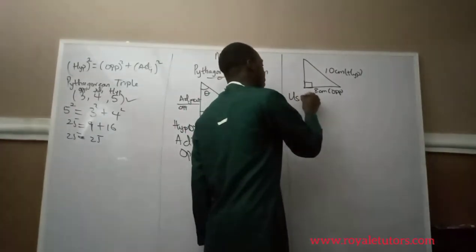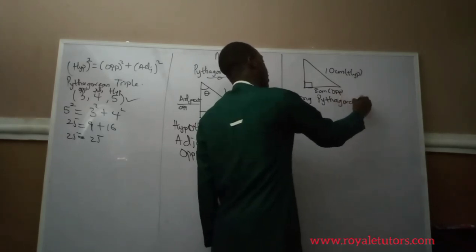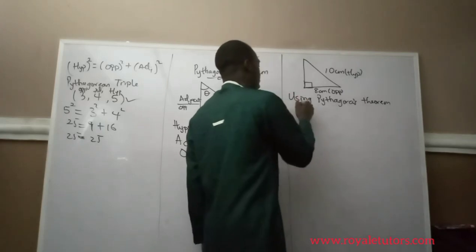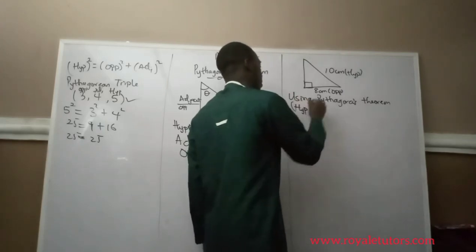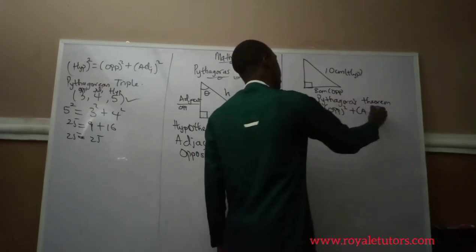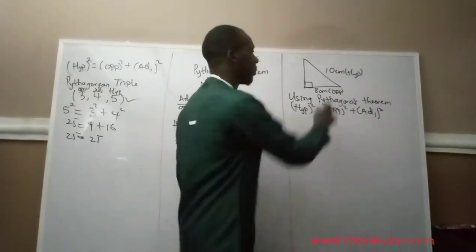So we say using Pythagoras theorem, we know that the hypotenuse squared is equals to the opposite squared plus adjacent squared. Good. So what is the hypotenuse? The hypotenuse here is 10.